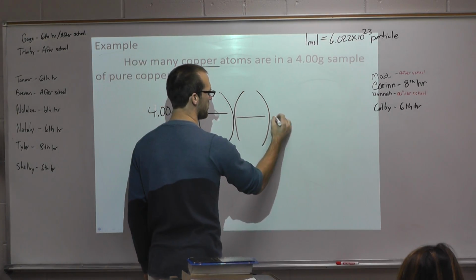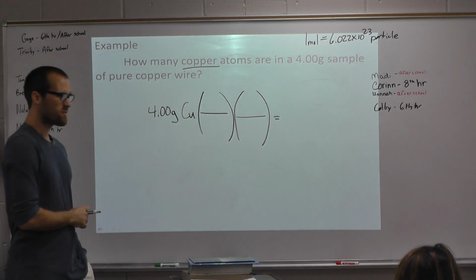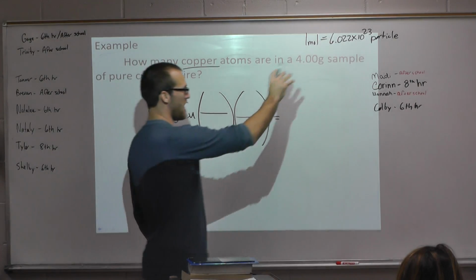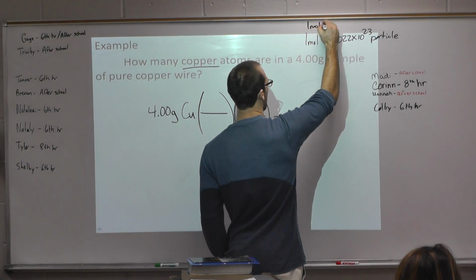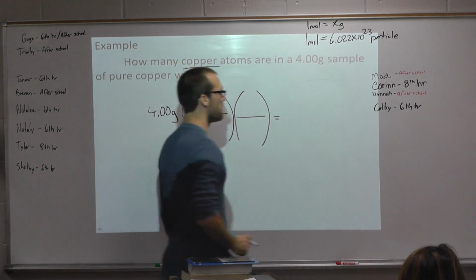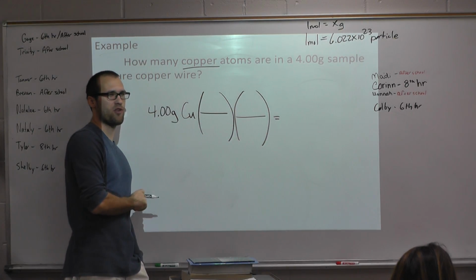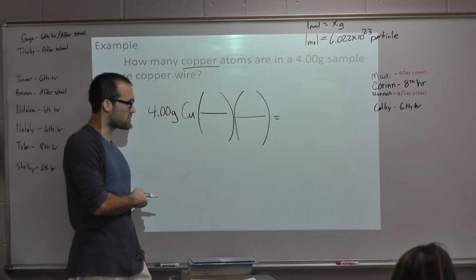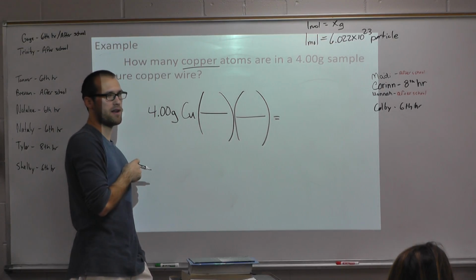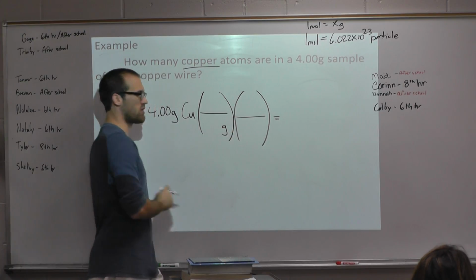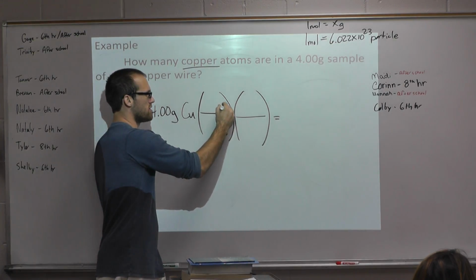I've got 2 conversions here, and I gave you 2 conversions. 1 mole equals X grams, right? So I have to convert to what first before I can go to particles? To moles, by canceling out what? Grams would go on the bottom, converting to moles.